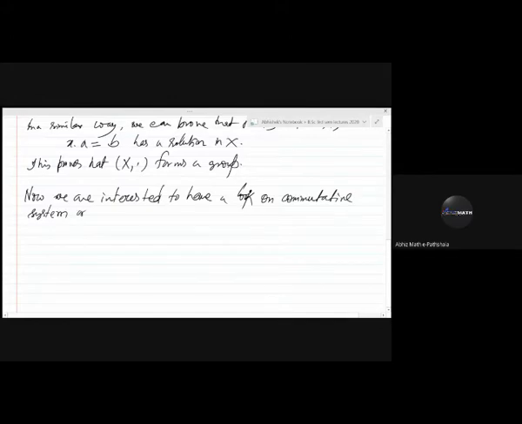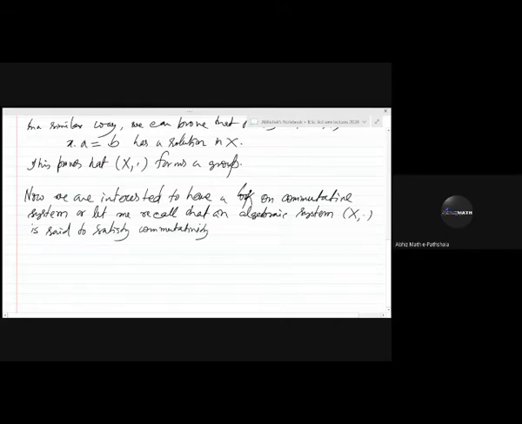Let me recall that an algebraic system (X, dot) is said to satisfy commutativity.